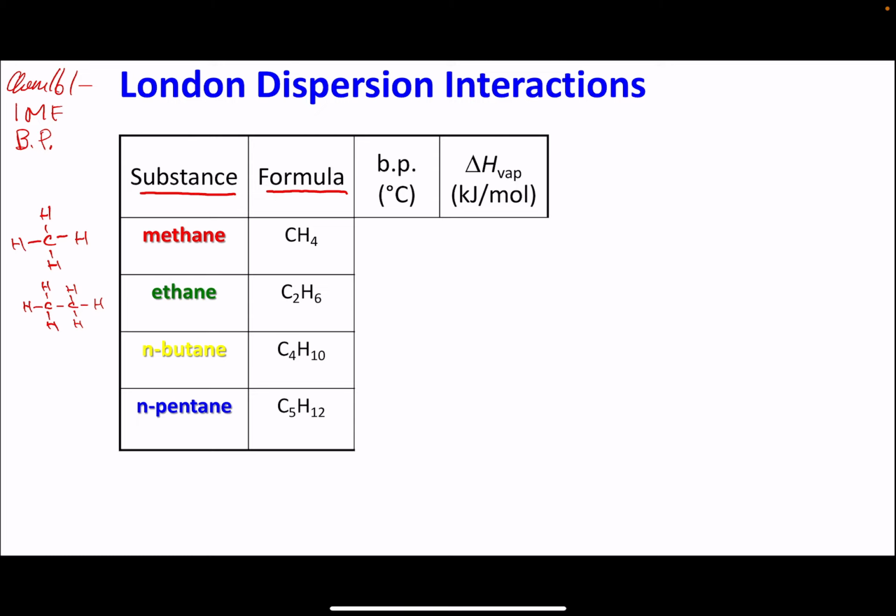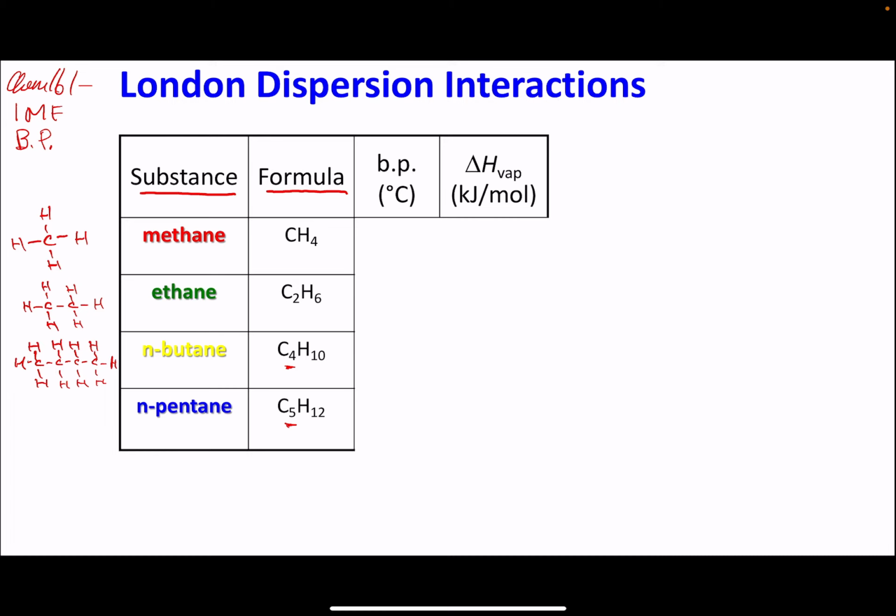Butane is the C4 version of this, so we're going to see a chain of 4 carbons, and again, top and bottom hydrogens all the way around, and termini of hydrogens to that chain. And pentane is the C5 version.